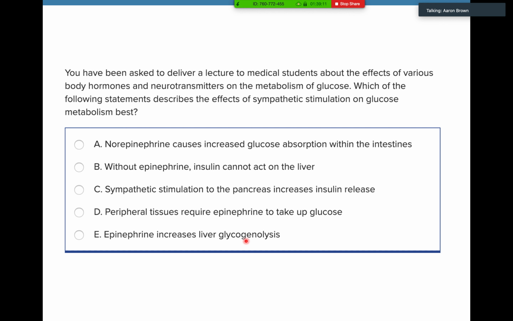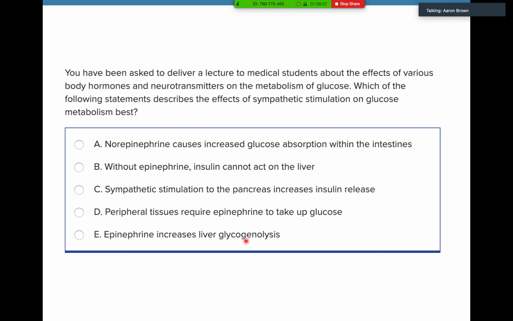And for our rest and digest, we're going to add build up muscle, store glucose. So fight and flight system is fight, flight, increase blood glucose. Rest and digest system is rest, digest, store glucose, build muscle, store fat. It's basically our building time, versus our fight and flight is our breakdown time.